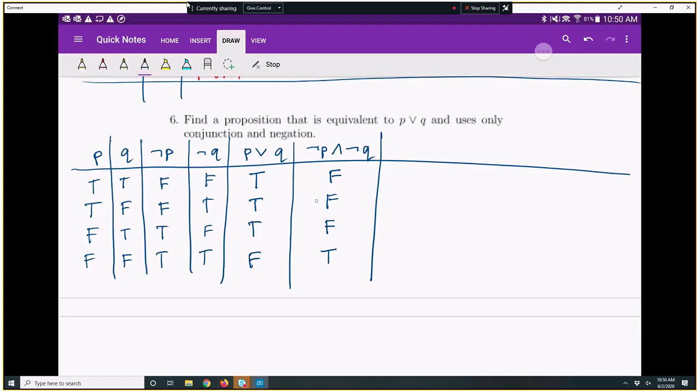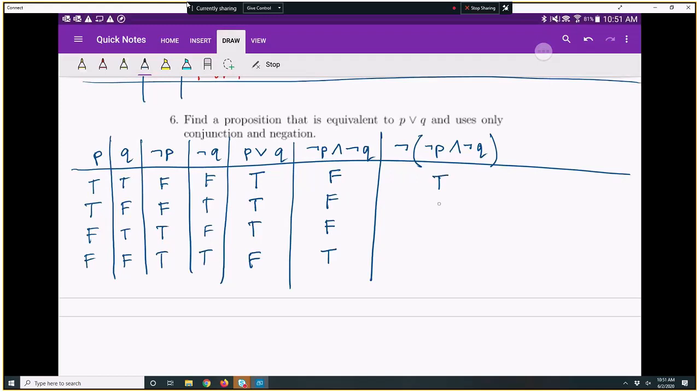So these are exactly opposite. I'm told I'm only allowed to use negation and conjunction. So let's do negation of, negation P and negation Q. I need these parentheses so that it's clear that I'm negating this entire compound proposition.